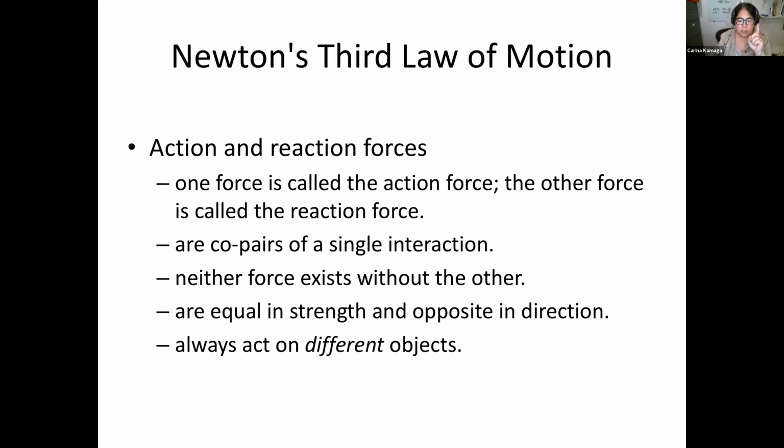Neither force exists without the other. You will never have a force existing by itself, and they're always equal in strength and opposite in direction. And they always act on different objects. My hand exerts a force onto the paper. Paper exerts a force onto my hand. So you always have an interaction between two objects.